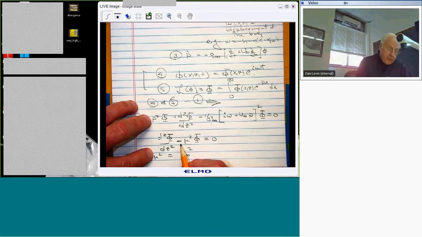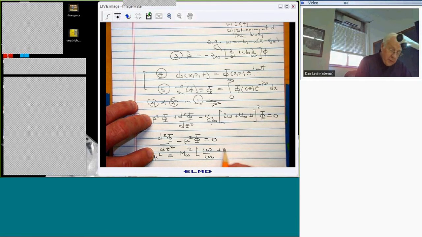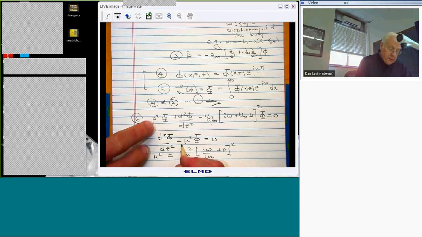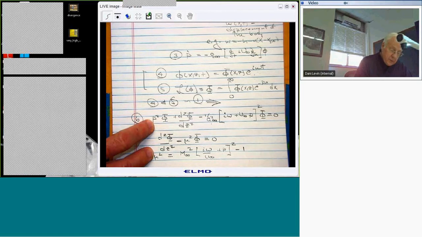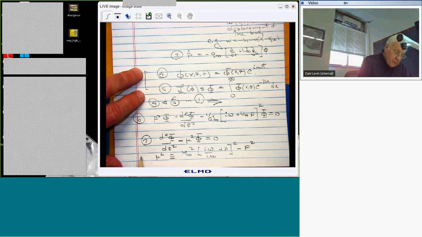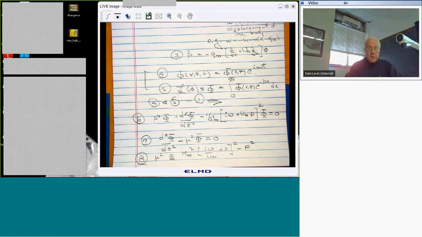This minus sign gets taken care of by that, times I omega over U infinity plus P quantity squared. And then there's a minus here, and this is a plus. I need another minus here, minus 1. Or minus P squared, excuse me. Okay, so this is the definition of mu squared. I'm just collecting all these coefficients that multiply capital phi, right? I'm calling it mu squared.